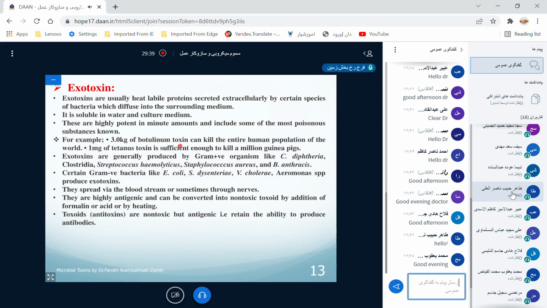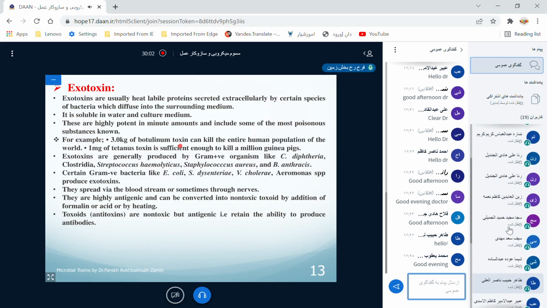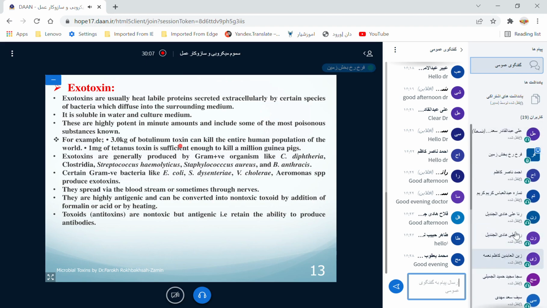Sometimes we buy canned food from shops, and they receive it from a factory, and some canned food is homemade and produced at home. The container is completely closed and sealed, and mostly it is without oxygen. So this anaerobic bacterium, when it grows inside canned food, produces toxin.